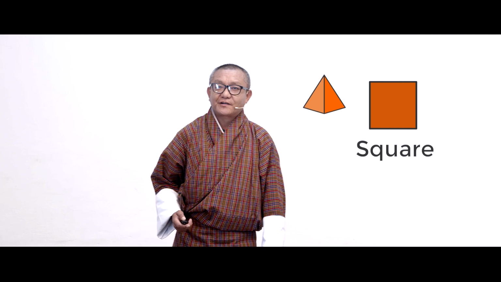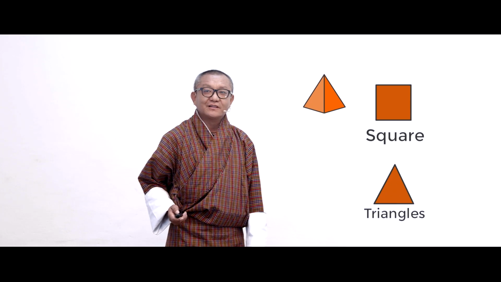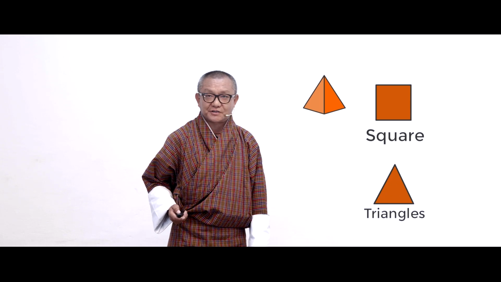and the topic I'll not say now. I'll make you guess, okay? Look, here I have a 3D shape. The base of this shape is a square, and you can see there are triangles all around this shape.